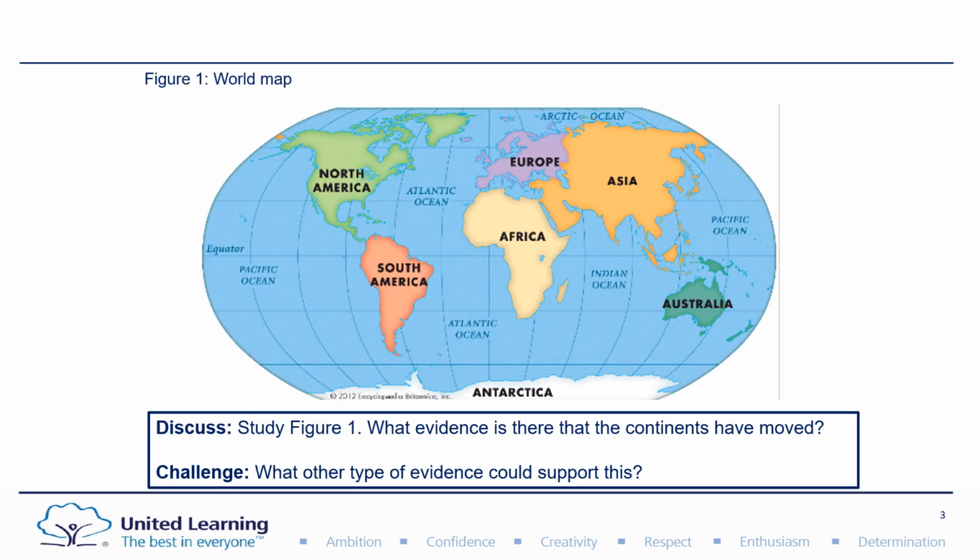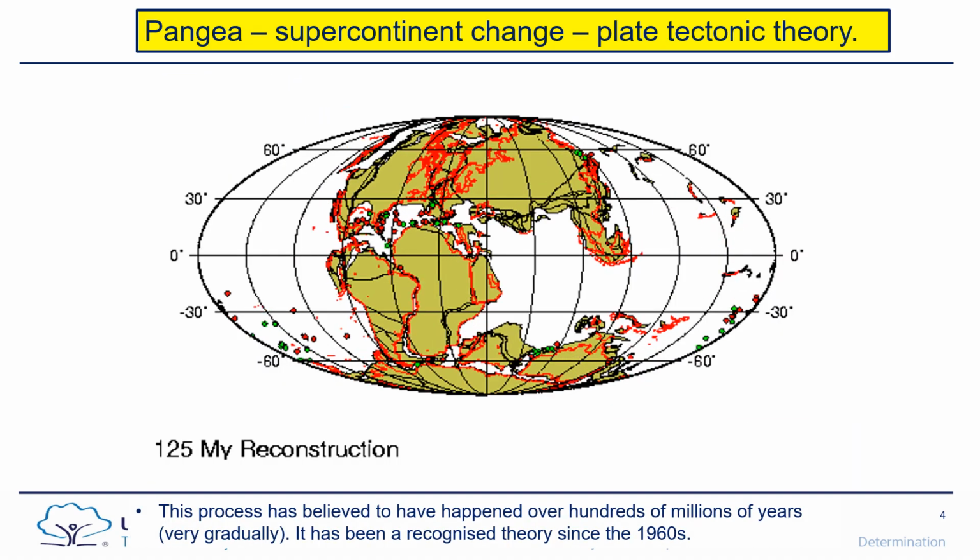We continue. What we can see here first is the world map as it is today. And if we look at the world map, we can see that the continents are in their places. If we look at South America and Africa, we can start to see that the east coast of South America looks like it fits into the west coast of Africa.